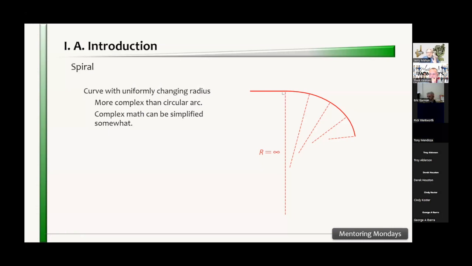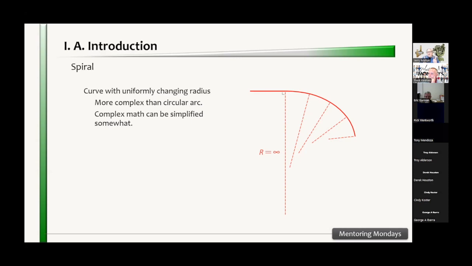A spiral is a relatively complex curve, particularly when you use a large part of it. It's like parabolas or second-degree polynomials that we use for vertical curves. A second-degree polynomial can be relatively complex, but in a vertical curve we only use a small piece of it, so we can simplify some of the geometry and calculations.